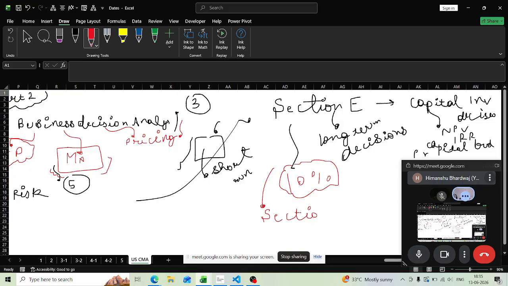You'll have to follow principles and some level of ethics, right? Because you can't do some kind of frauds or some kind of treatment, right?